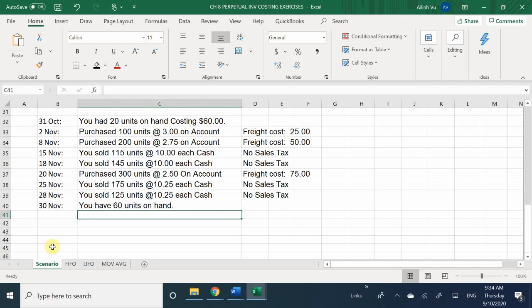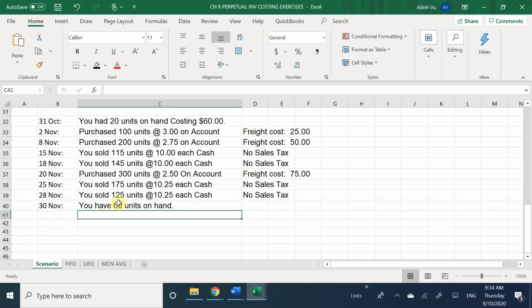On November 28th, we sold 125 units. Okay, good. And then lastly, what should happen on November 30th? We should end up with 60 units on hand. Good.